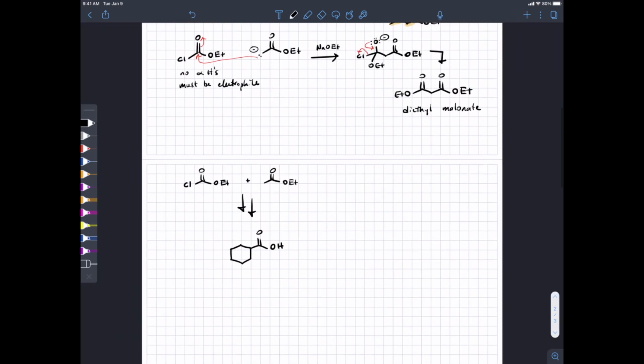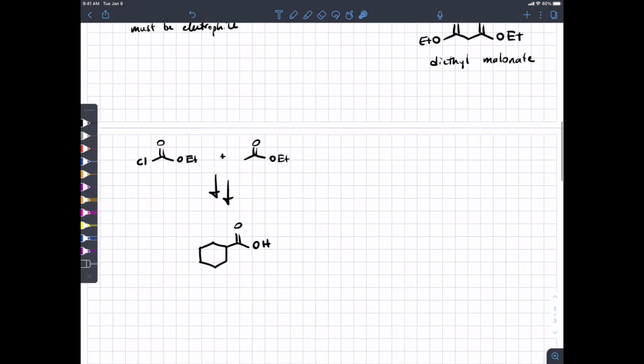I will write the answer to this synthesis problem in the notes when I post them, but don't peek at it. Give this a real try. This is a very nice sort of way to integrate what we're learning now with what we learned in a previous chapter in the form of this synthesis question.